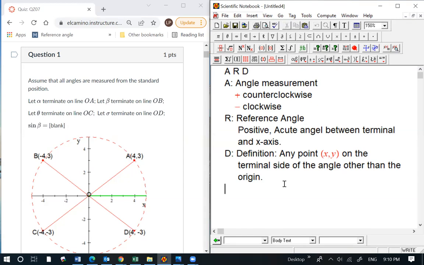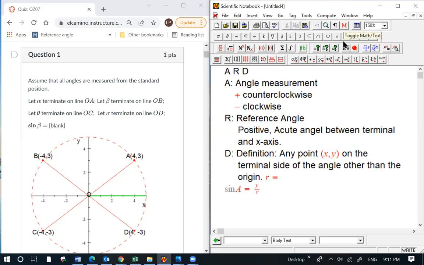So sine of the angle. Our angle will typically be alpha, beta, theta, sigma in this set of quiz questions. Sine of any angle A, where the point is on the terminal of that angle, is y over R. Once the point is given, R can be found.